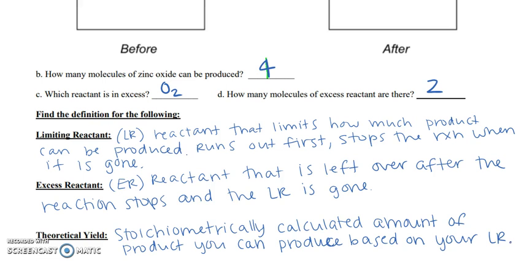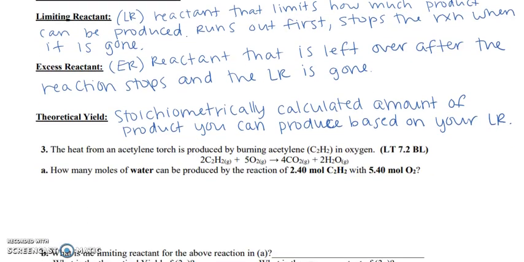So limiting reactant runs out first, excess reactant is left over once the reaction stops, and the theoretical yield is the stoichiometrically calculated amount of product that you can produce based on your limiting reactant. Now let's try some practice problems with that information.